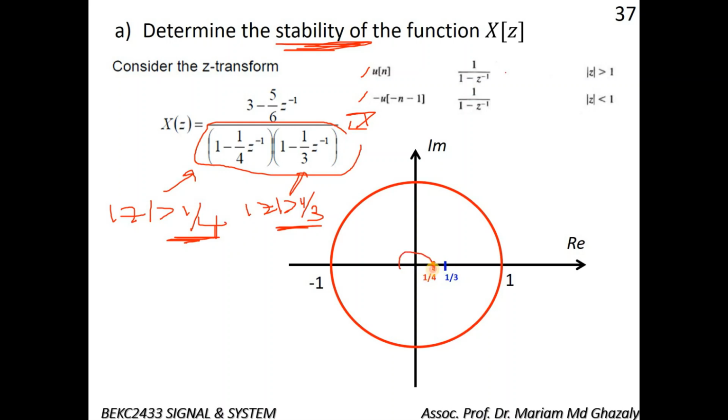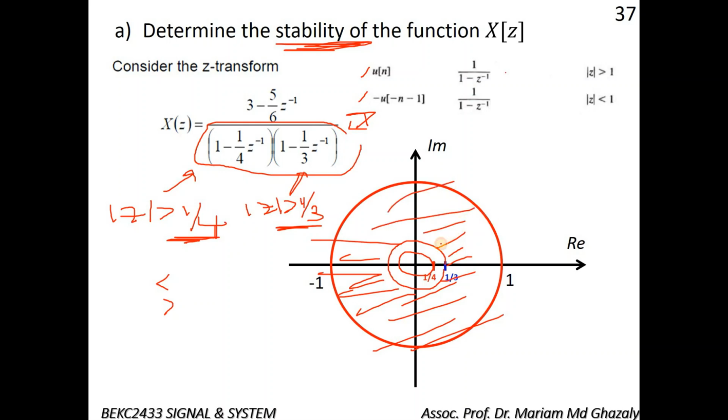If you were to draw it, the circles of 1/4 and 1/3, where is it going to overlap the area? If you sketch this, 1/3 here, and another one is 1/4.